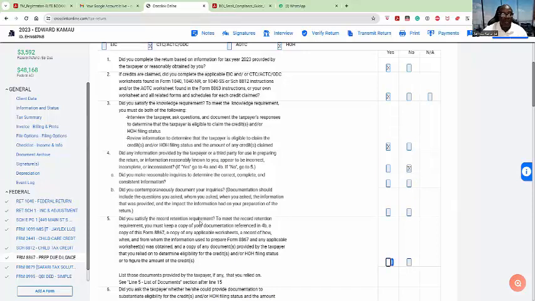So we go to, did you satisfy the record retention requirement? You're supposed to retain the documents that they gave you for 3 years, 3 to 5 years.